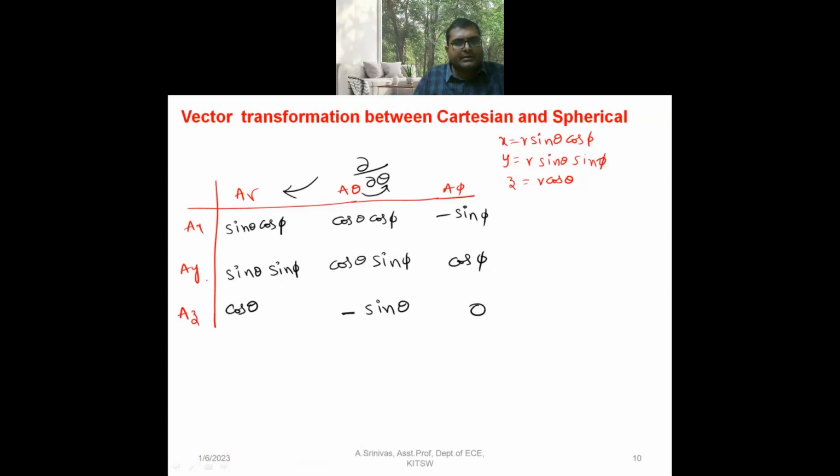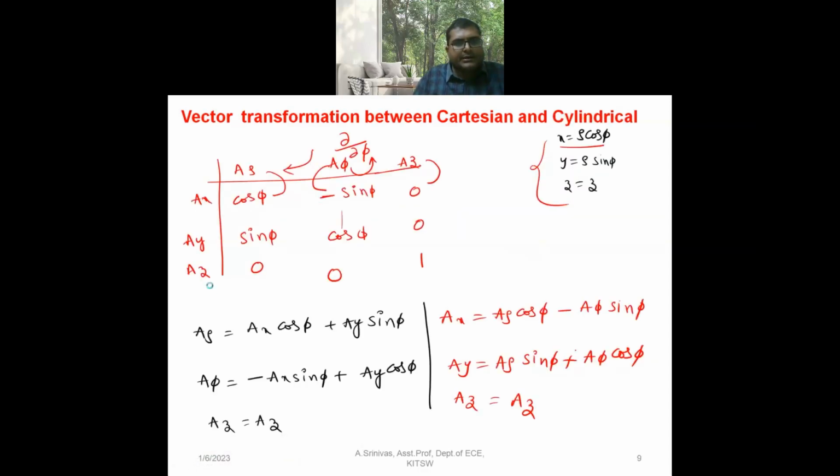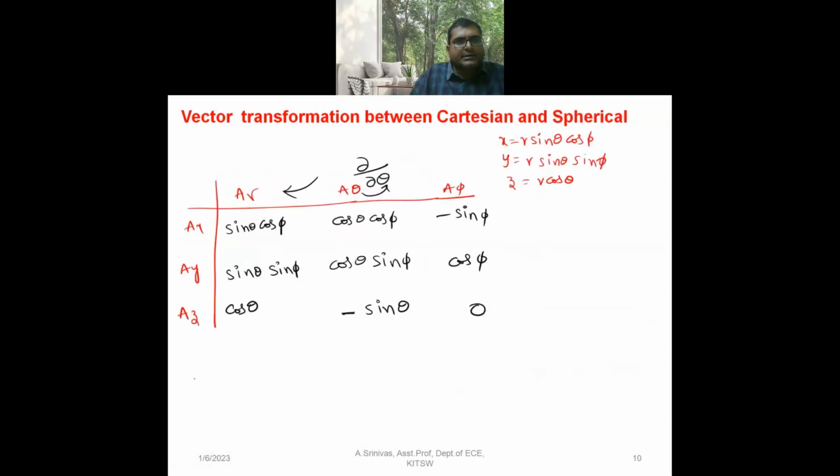Now once again you can follow the same notation to write the equation for Ar. The Ar equation is, you can take the product in this fashion, that is Ax sin θ cos φ plus Ay sin θ sin φ, and plus Az cos θ.